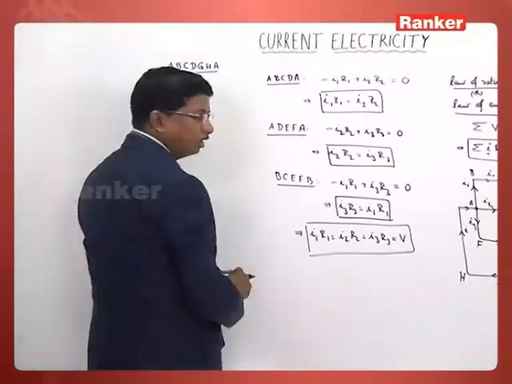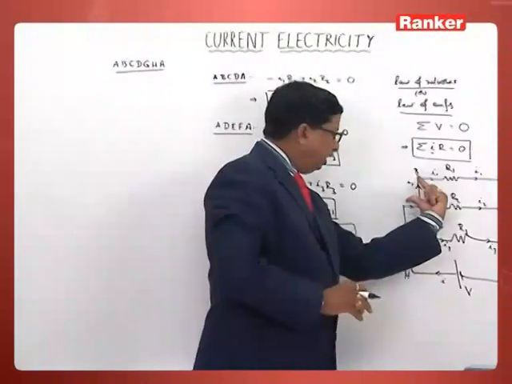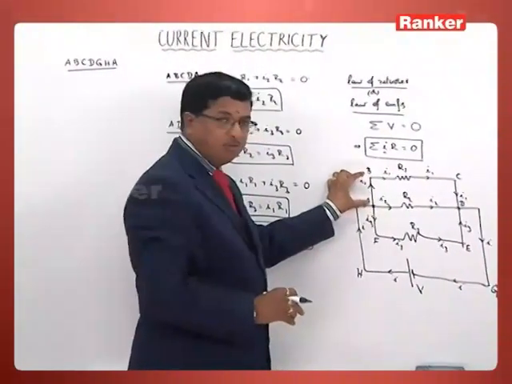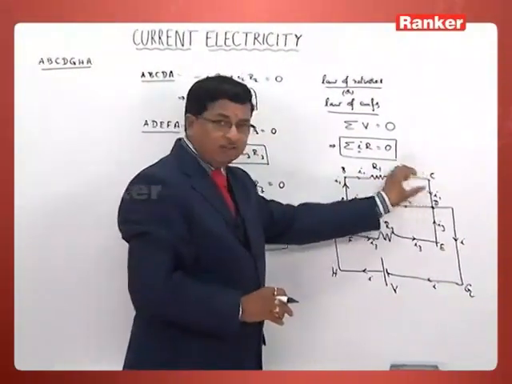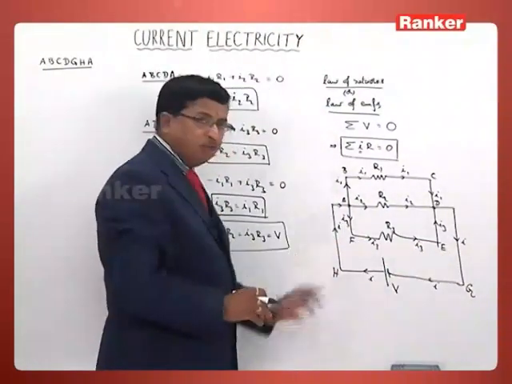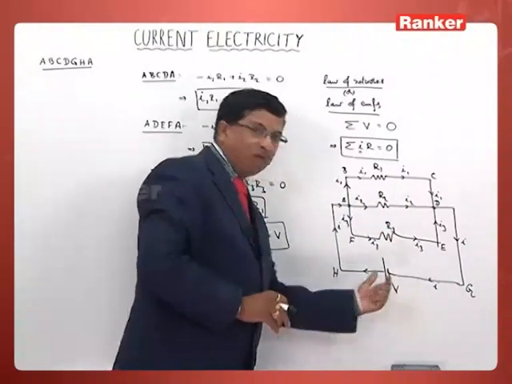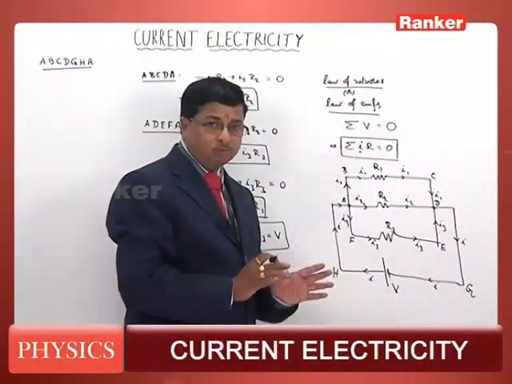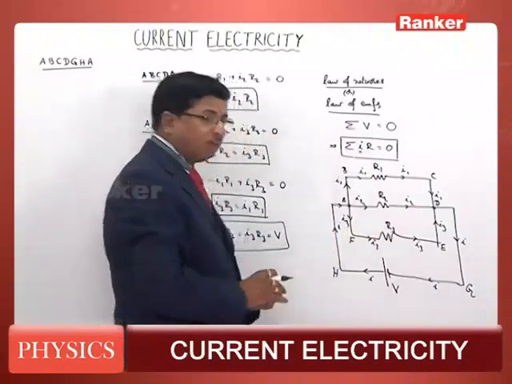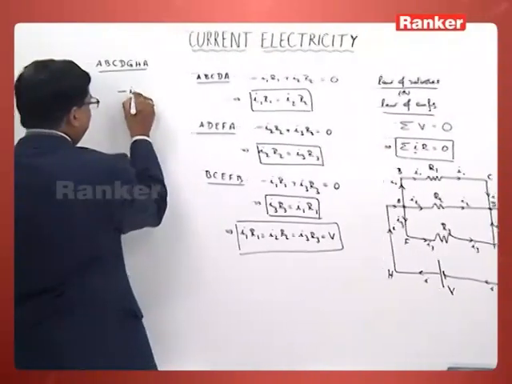This network I take. If you see carefully, in AB, value of IR will be 0. In CD 0, in DG 0, in HA 0, only here we have to calculate and here we have to calculate. Only two values. So in the first case, that is in BC, it will be minus I1 R1.